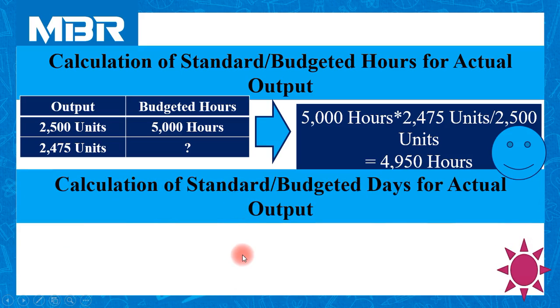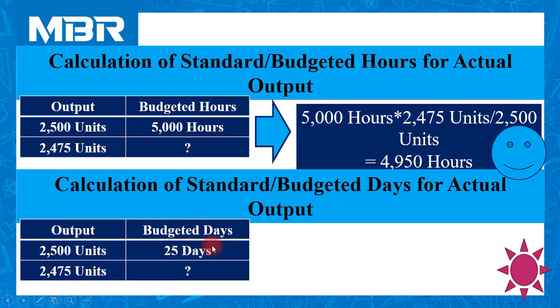Let us move to the next important item that we need to calculate. It is all about standard or budgeted days for actual output. We have completed this kind of calculation earlier too. Simply, it is a cross multiplication. For the manufacturing of 2,500 units, we need 25 days. So for 2,475 units of manufacturing, how many days are required?